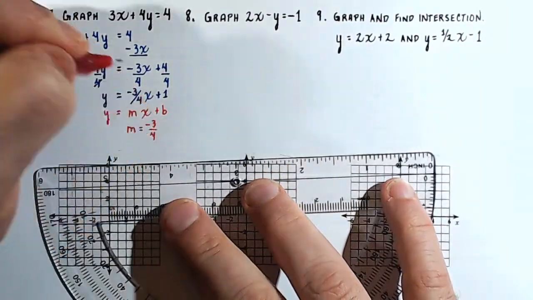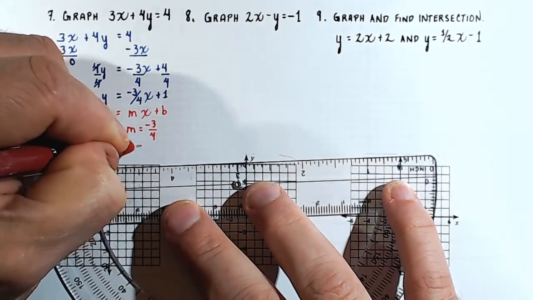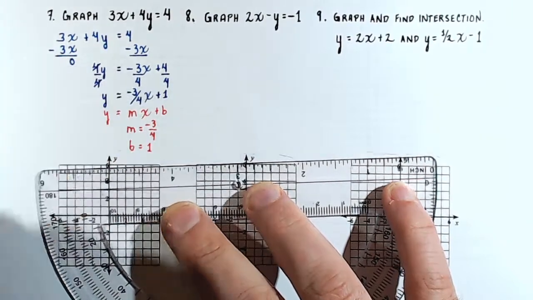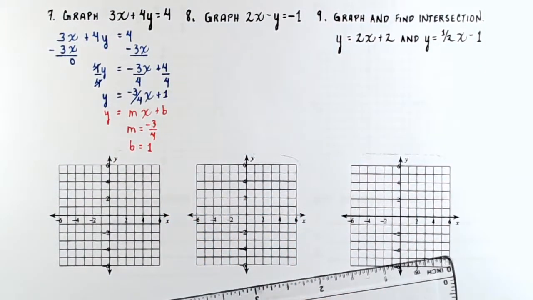And the y-intercept b is just 1. And that's what I need to know in order to graph the equation.